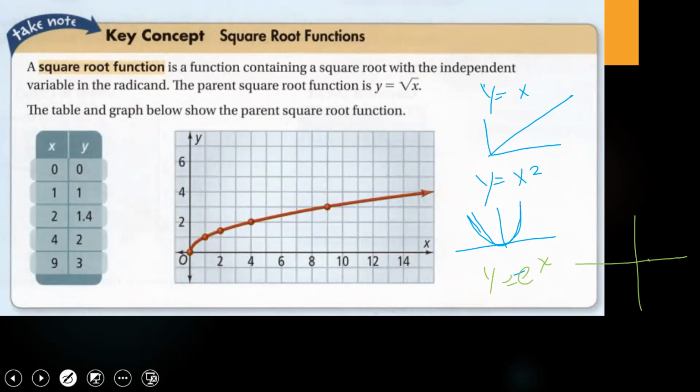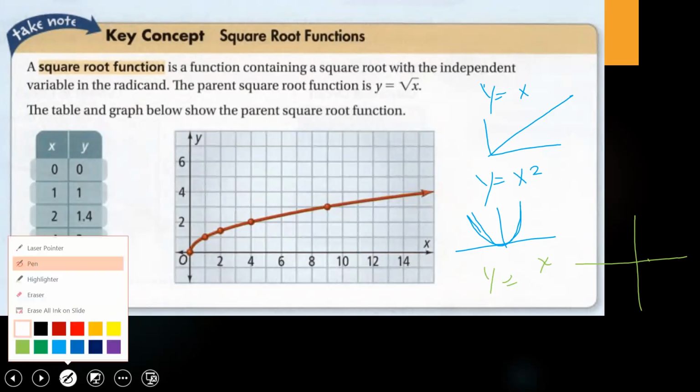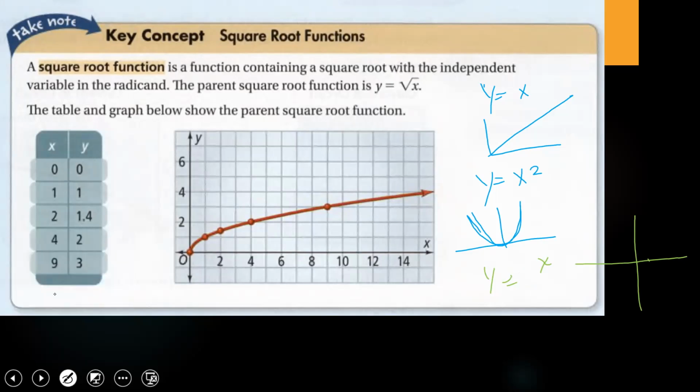It is b to the power x. We took it as b to the power x, or x to the power b. And it comes like this.